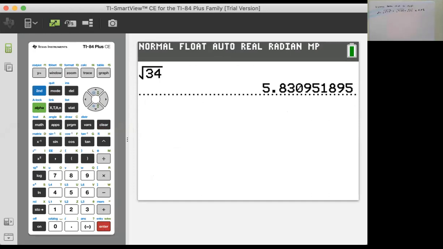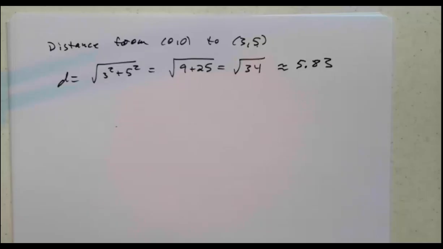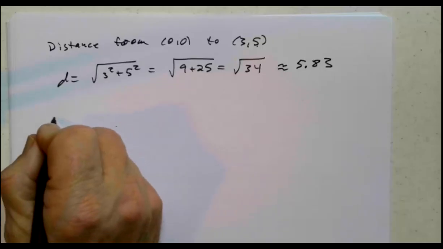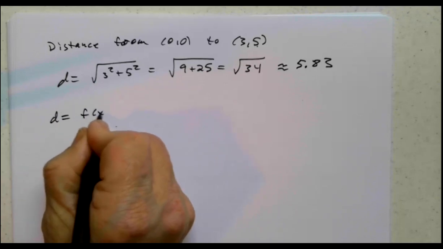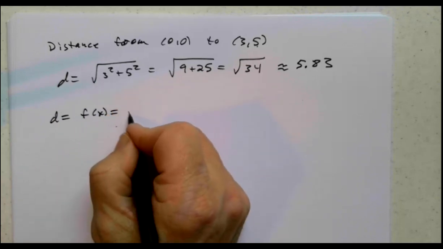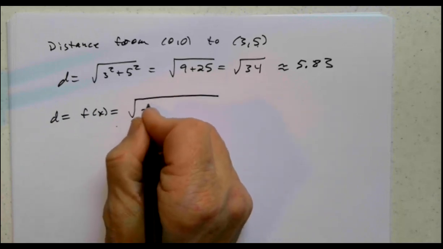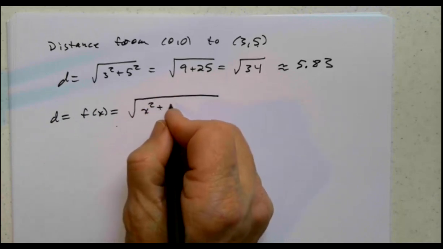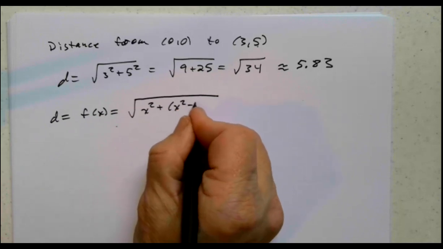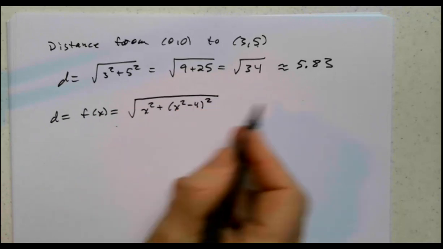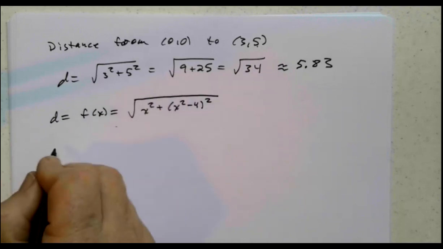Now, we also had a formula, if you will. We determined that formula earlier. The distance as a function of x was the square root of x squared plus x squared minus 4 squared. So I'm interested in the distance to 3, 5. That would be f of 3.